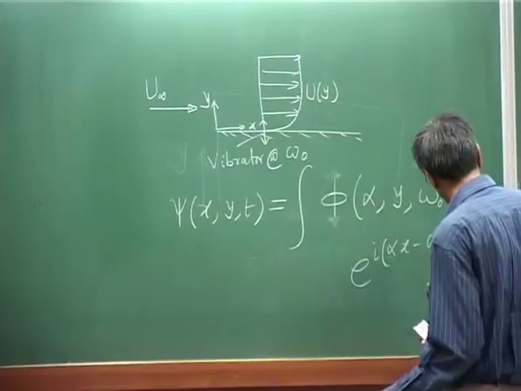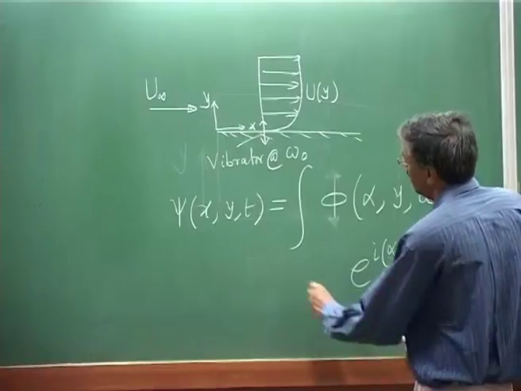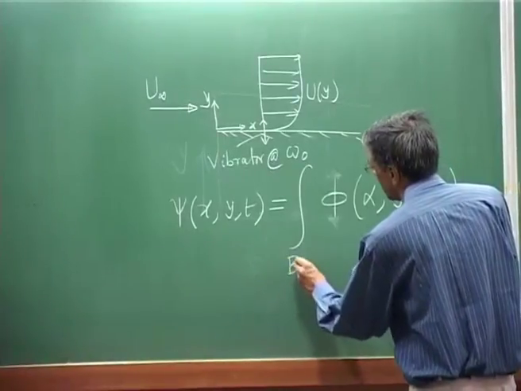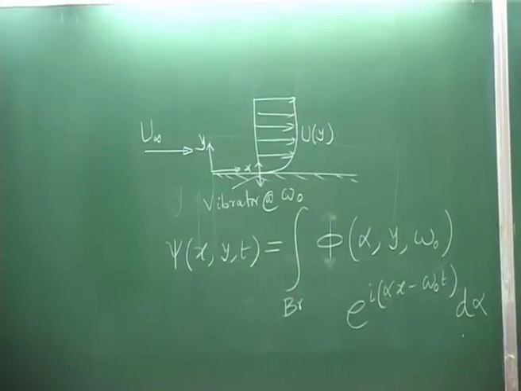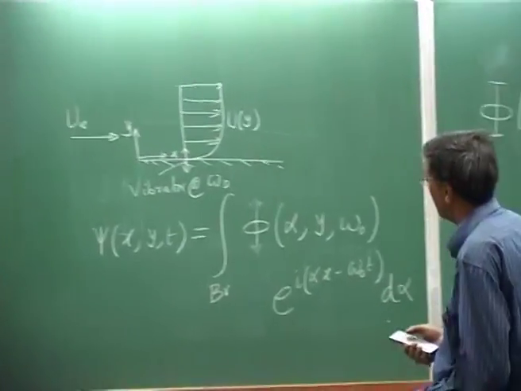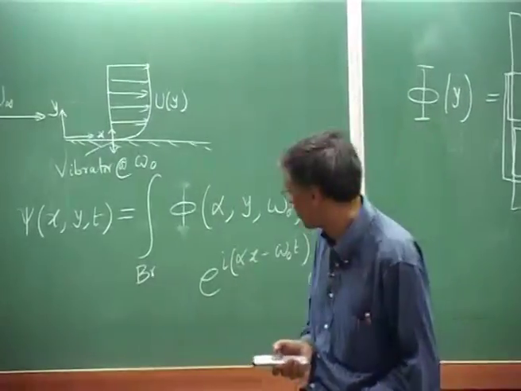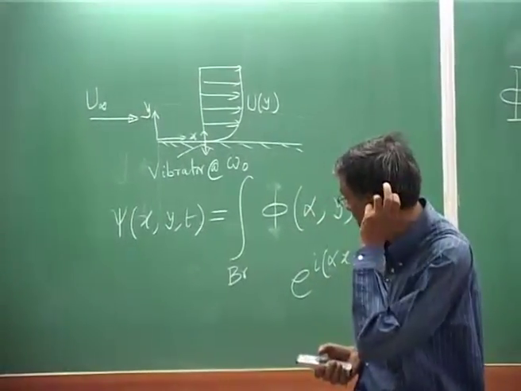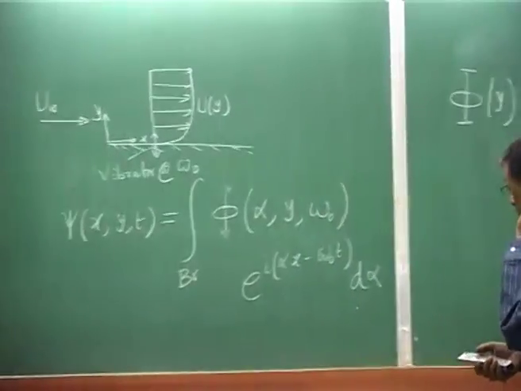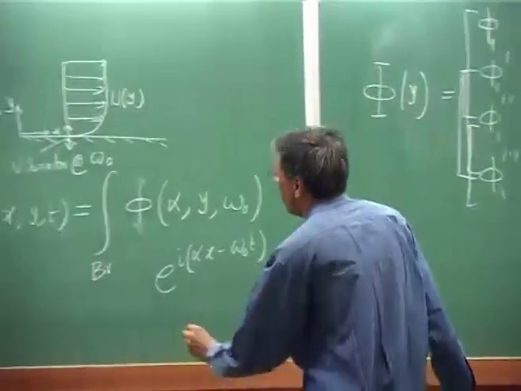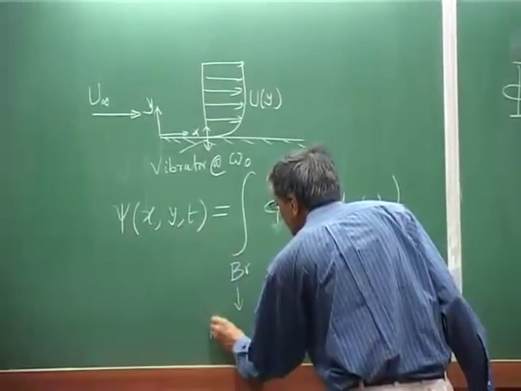Those of you who are from the mathematics department would recognize, or if you do not, this has to be evaluated along what is called the Bromwich contour. So, not all contours in the alpha plane are admissible. You will have to find out which way the wave is going, and you have to construct a contour that does not violate physical principles. That is what we call the Bromwich contour.